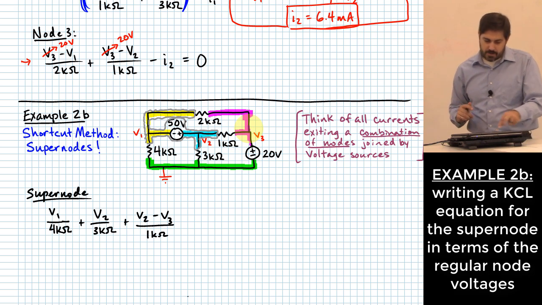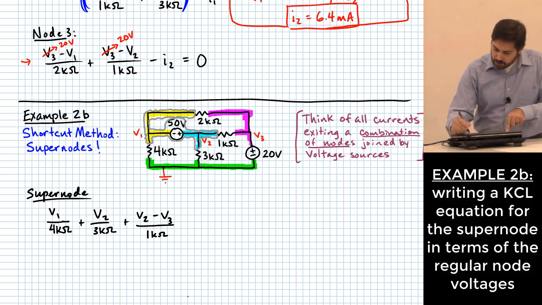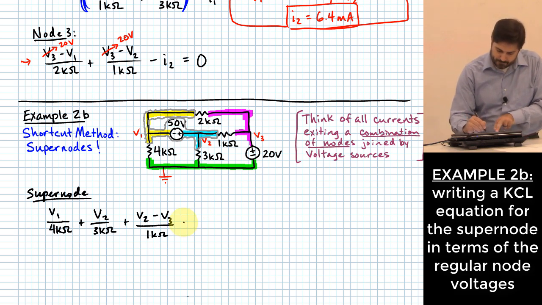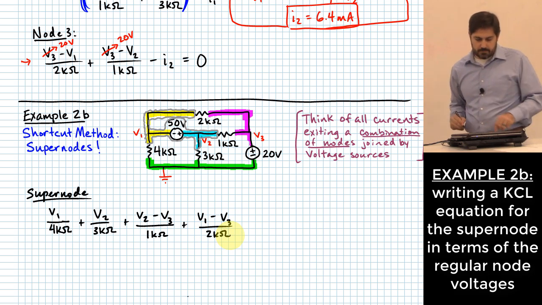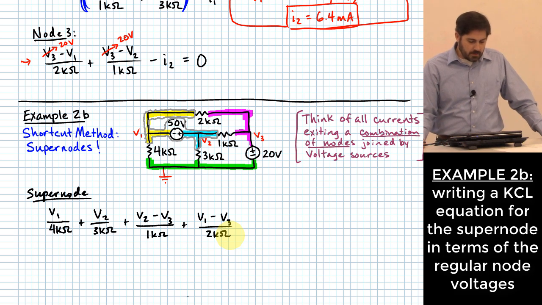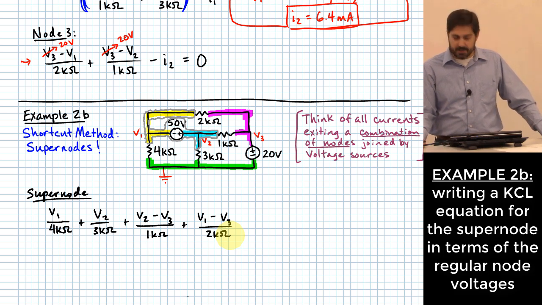Any other places where current can enter or exit? V1 minus V3 over 2 kiloohms. Have I accounted for all the places current can enter or leave? Looks like it to me.